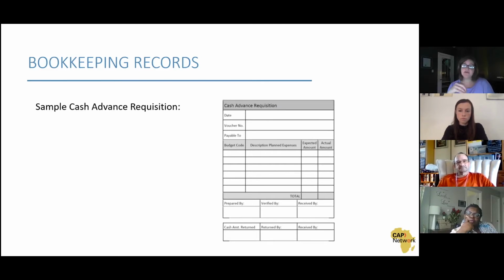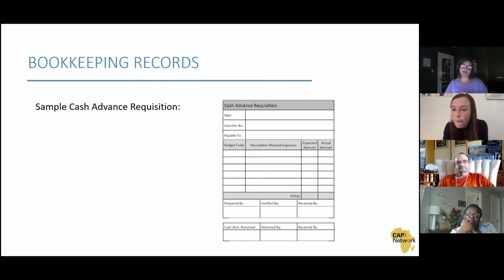And once they've signed to say that they've received the cash, they are now accountable for that cash, right? And either returning the cash or providing documentation or receipts to show how they spent that cash for the project or for the organization. Okay.